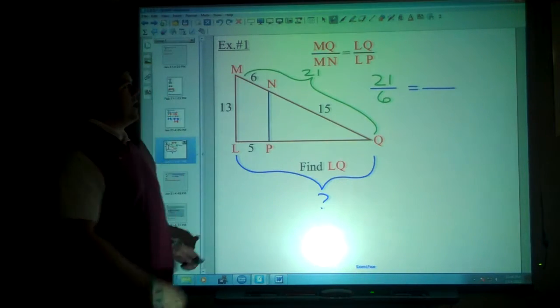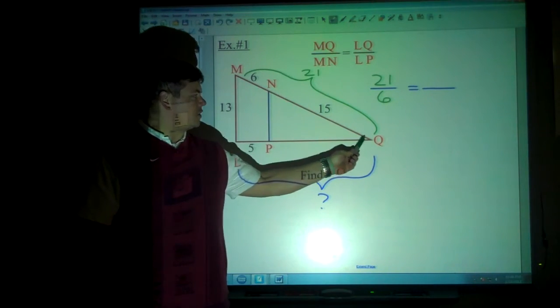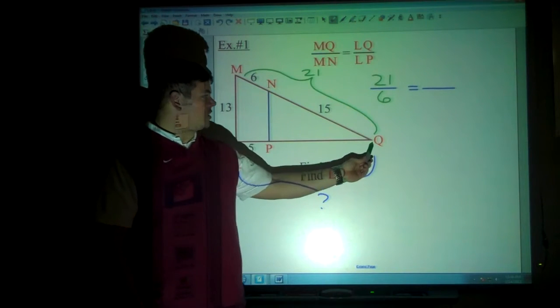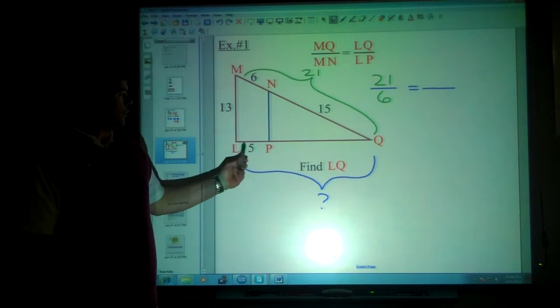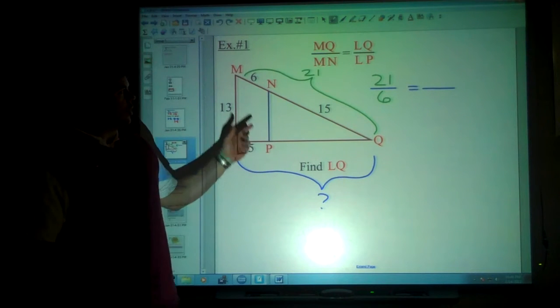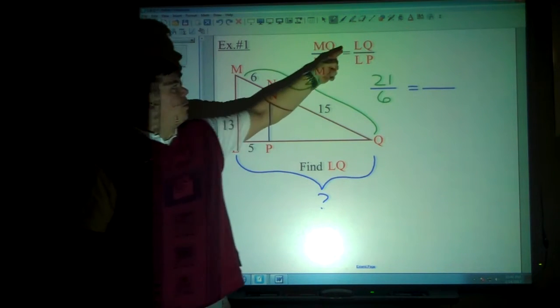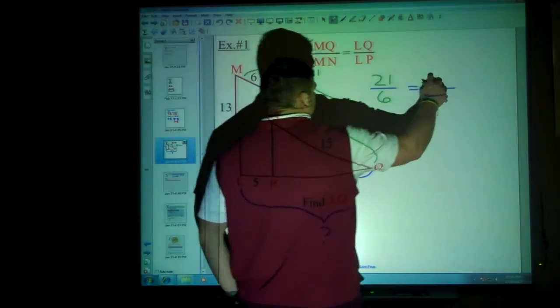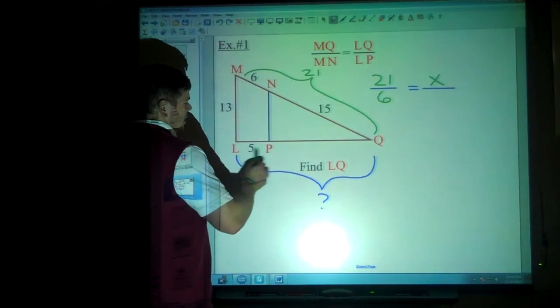Now let's look at how this is made. It's saying the whole distance over the short base is equal to the whole distance LQ over the short base. So it's really the same parts that we're dealing with. Now we're trying to find LQ. We don't know what it is. That's the unknown. Since it's an unknown, I'm going to give it a variable. But I know that LP is 5.